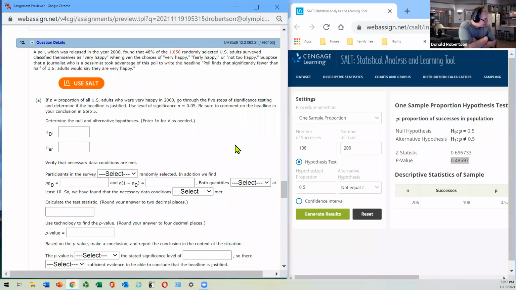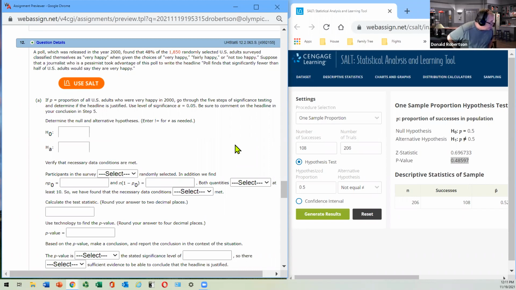A poll released in the year 2000 found that 48% of 1,850 randomly selected adults classified themselves as very happy when given some choices.